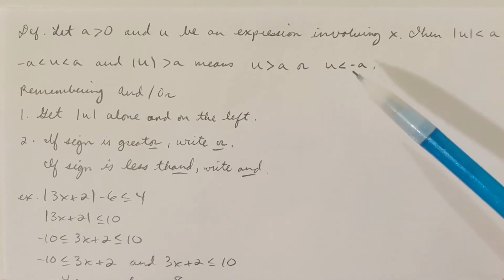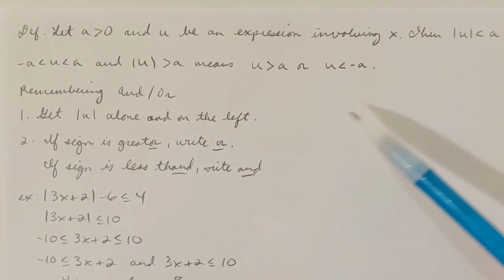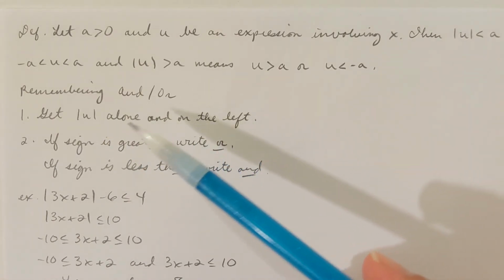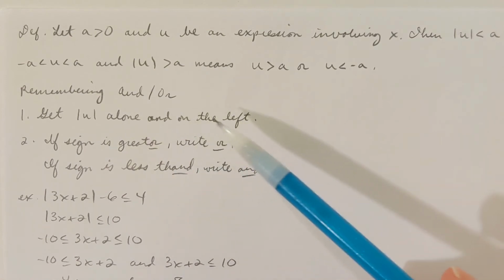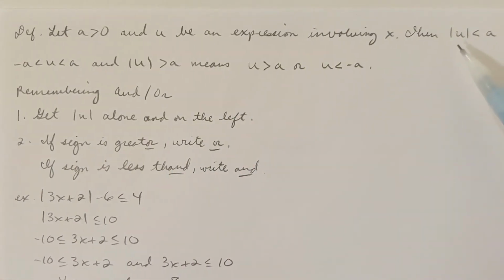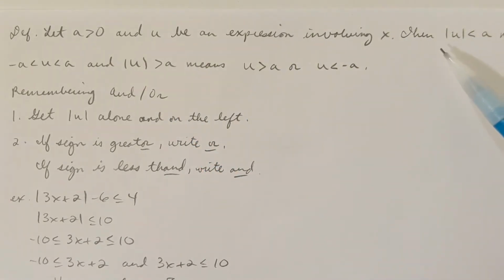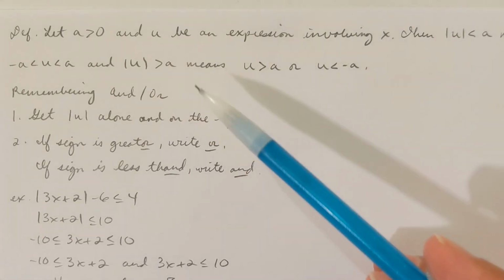resulting with no absolute value bars. In fact, here's one way to remember this and versus or business. Step one is you want to get the absolute value of u alone and on the left. Okay? So if you're adding anything, or if you're multiplying by anything, go ahead and clear that out.